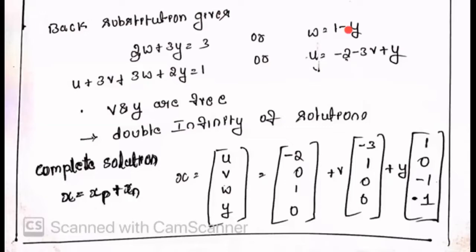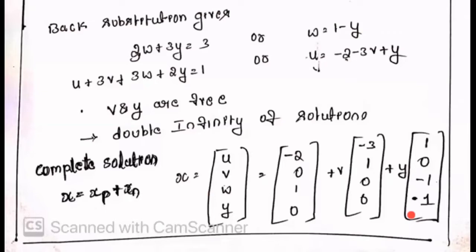There is no coefficient for v, so for v you write 0. For y, since it is minus 1 here, I am writing minus 1. Similarly, the last variable y is also a free variable, so you don't have a constant, and you don't write it in terms of v also. It exists only at y, so you write 1 here.